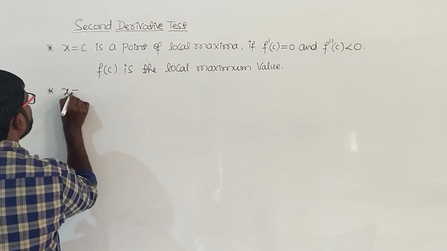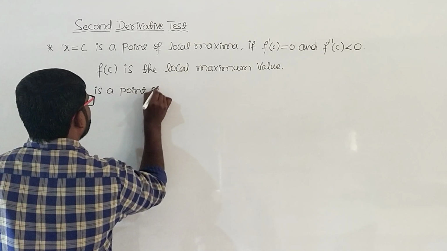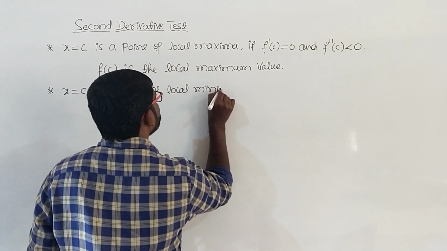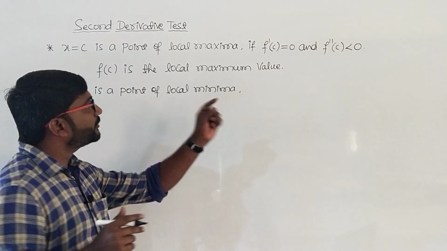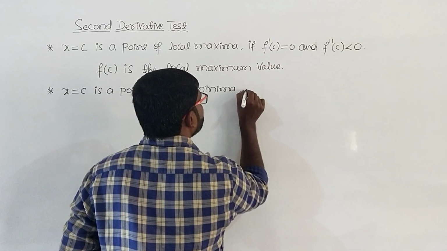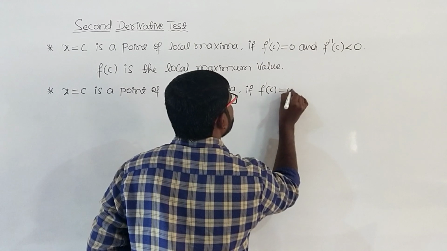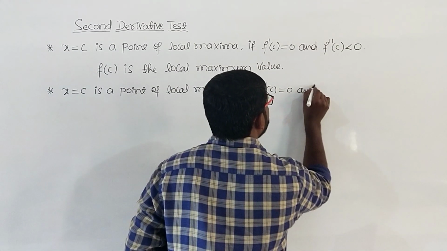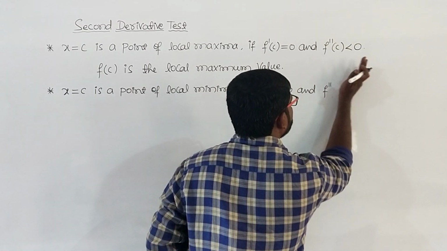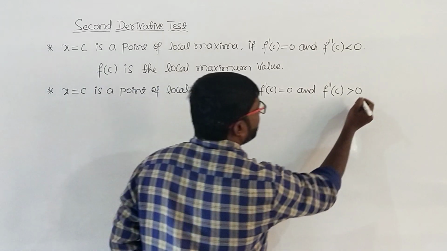X equal to c is a point of local minima, if f dash of c equal to 0 and f double dash of c greater than 0.